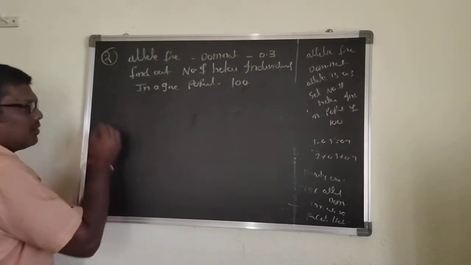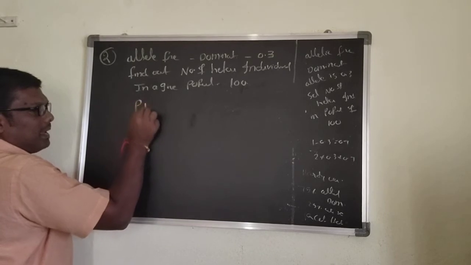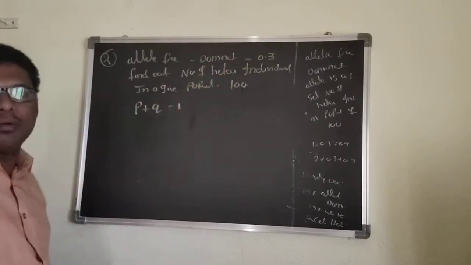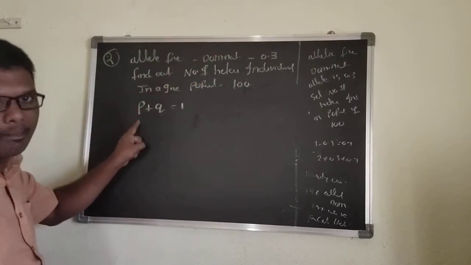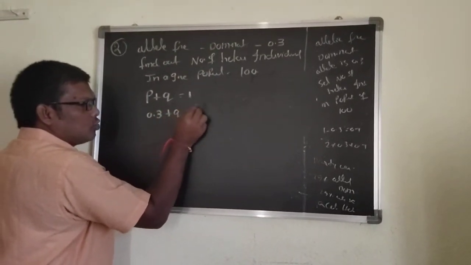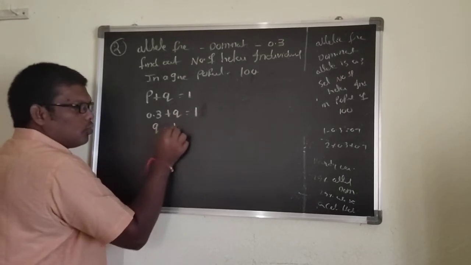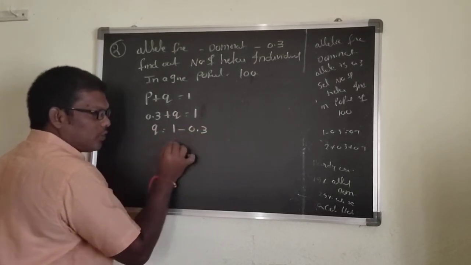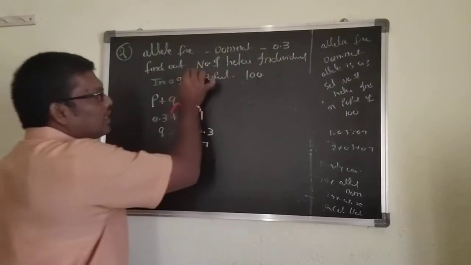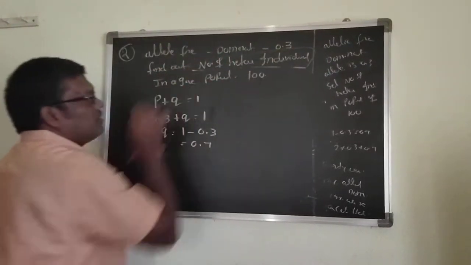Now here p plus q equals 1. They already gave the dominant allele frequency, that is p, 0.3. So 0.3 plus q equals 1, and q equals 1 minus 0.3, which is 0.7. They ask for the number of heterozygous individuals.